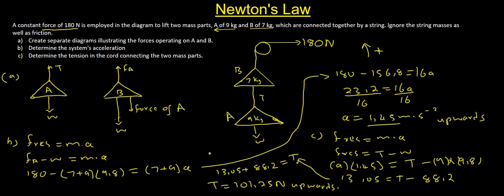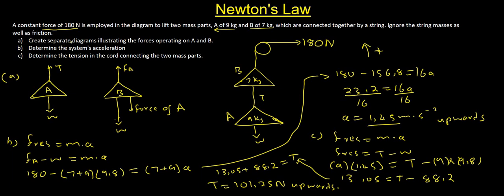So let's do a recap. Today's question stated the following. A constant force of 180 Newton is employed in the diagram to lift two mass parts, A of 9 kg and B of 7 kg, which are connected together by a string. Ignore the string masses as well as friction.